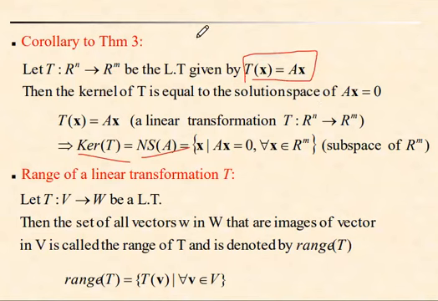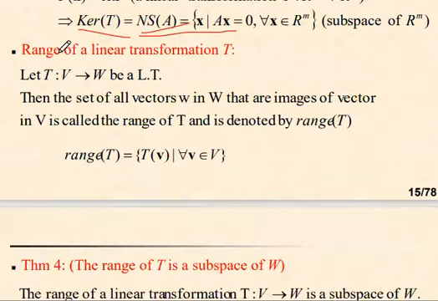Therefore, the kernel of this transformation is the null space of A. That means the null space is the solution space of this linear system. We have discussed that.